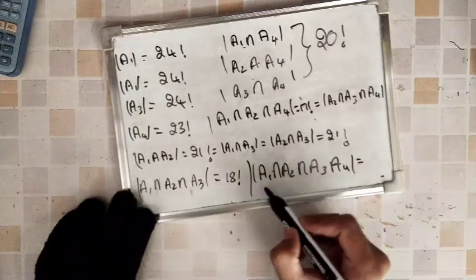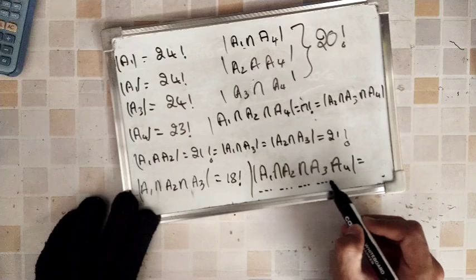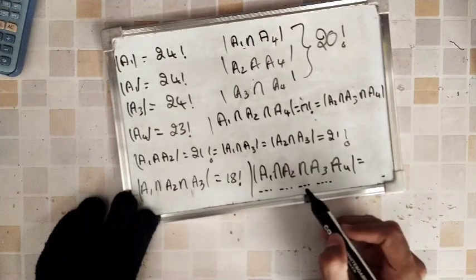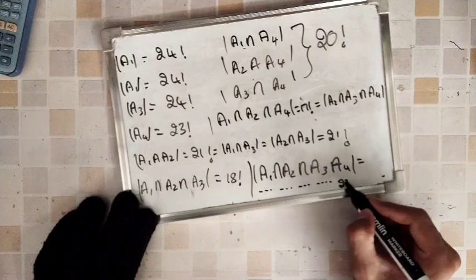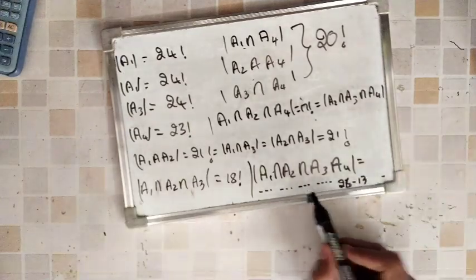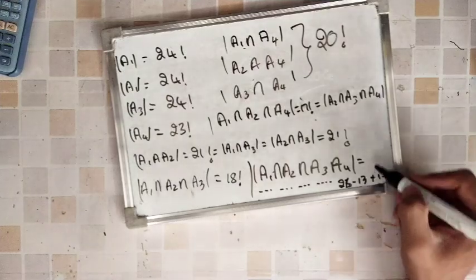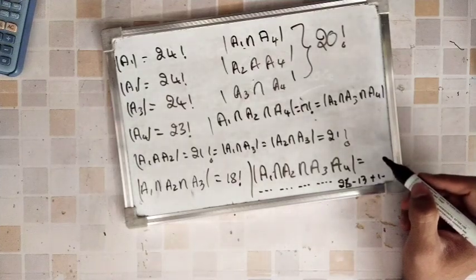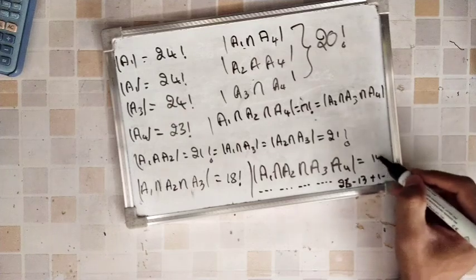So here, car, dog, pun, bite. How many letters? 3, 3, 3, 6, 9, 9 plus 4, 13. So 26 minus 13 letters, right? 9 plus 4 is 13, plus 1. So 26 minus 12 you have to do, that is nothing but 14 factorial. Am I right? Yeah, right, 14 factorial.